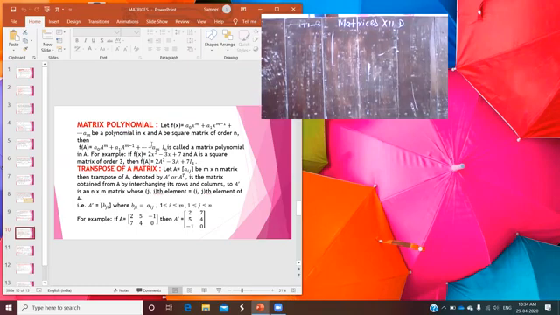How do you find the value of f(A)? No doubt, f(A) is obtained by replacing x by A.